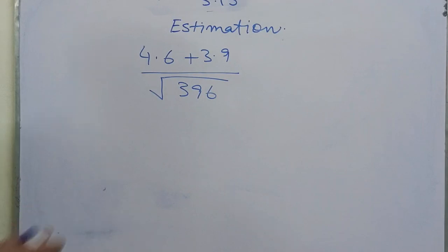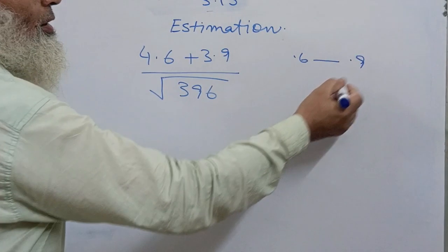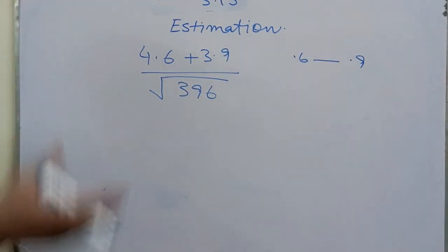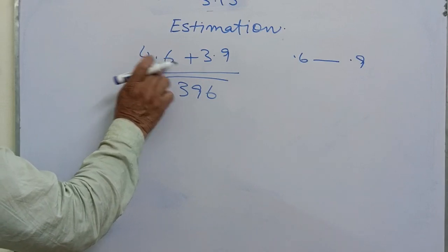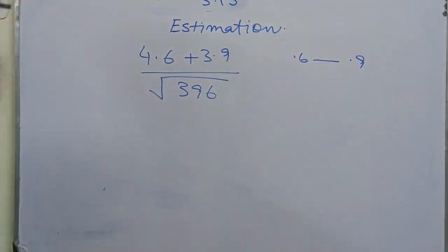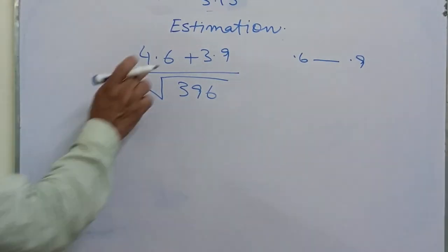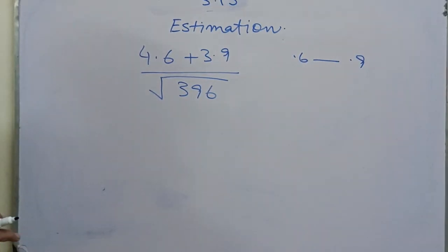But if you just estimate it, how we estimate, I have already told you that from 0.6 to 0.9, we take the next number. For example, this is 0.6, so what will we take? We'll take the next number, which is 5.